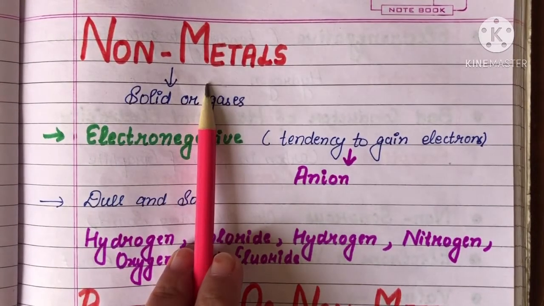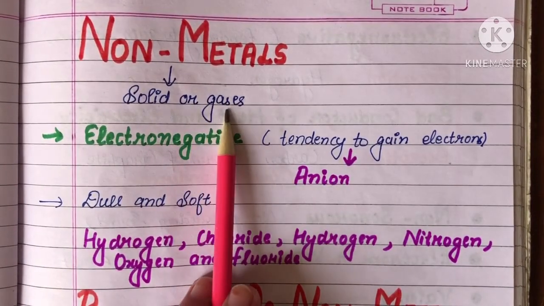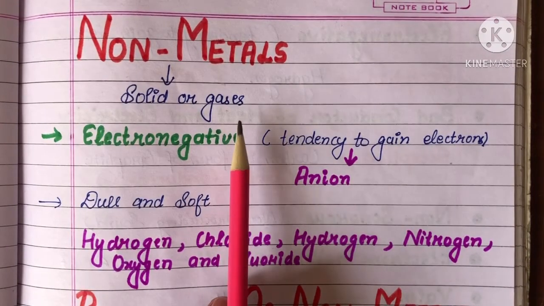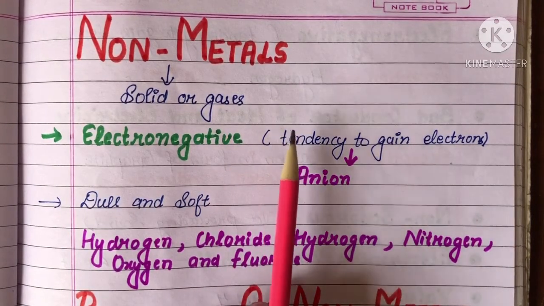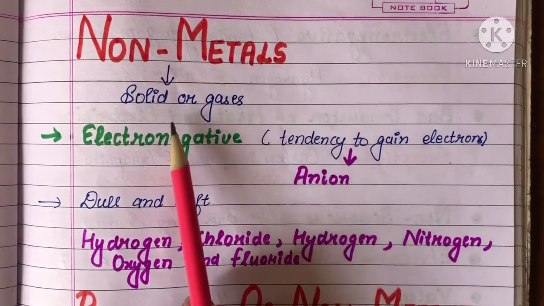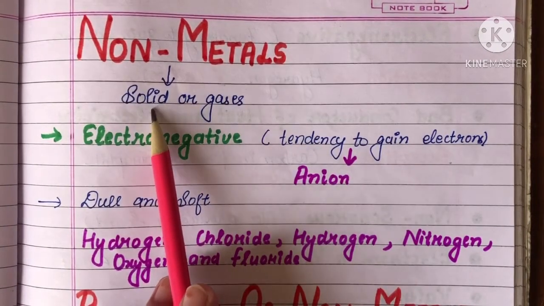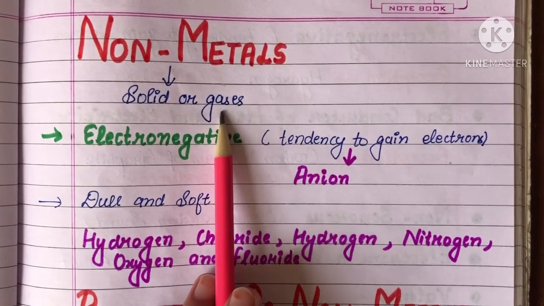Non-metals exist in solid or gaseous state, and we know that metals exist in the solid state, and there is one exception, that in case of mercury it exists in the liquid state. So non-metals exist in solid or gaseous state.